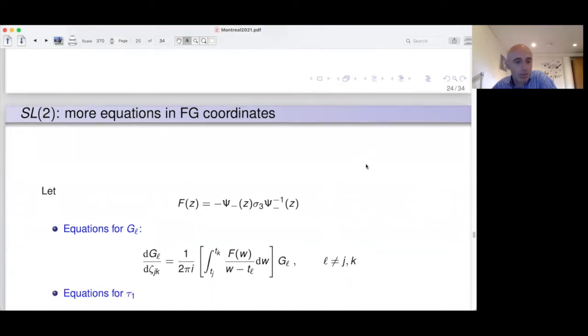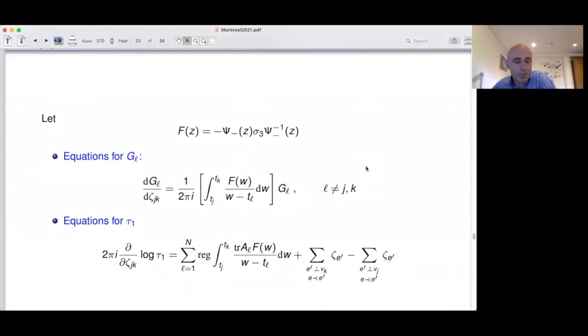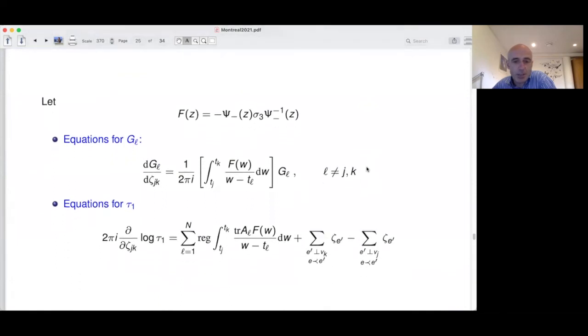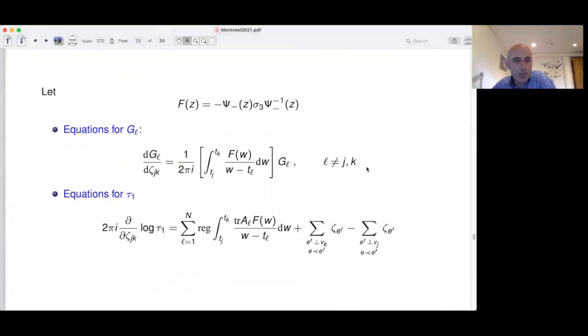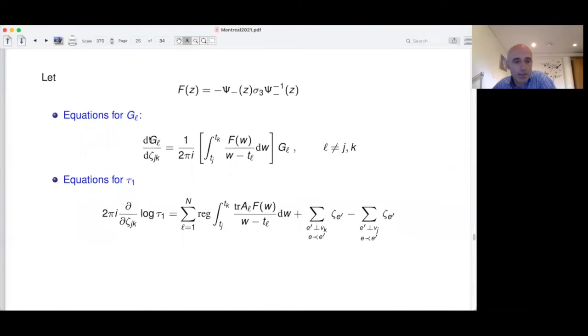Now, this slide is pretty technical. I want to show here that you can efficiently write how these eigenvectors of matrices A depend on zeta variables, on Fock-Goncharov variables. The equation looks a little bit non-local.